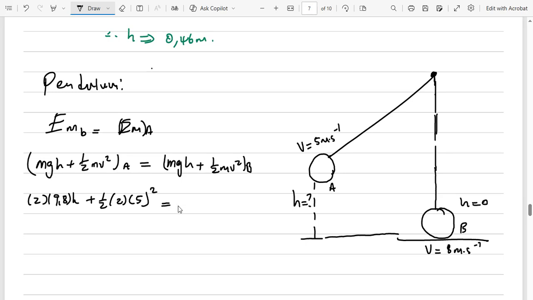Make sure you square that. They give you a mass of 2 kg for the ball.